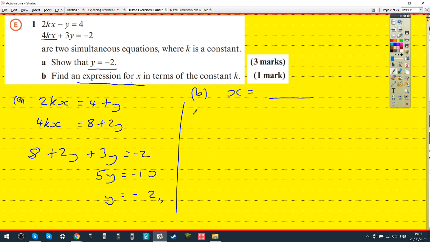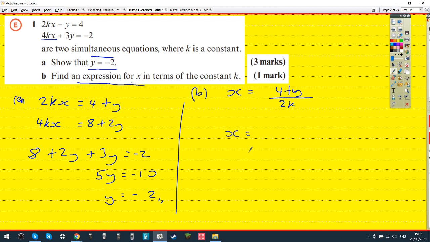Ah, okay. So would it be x equals 4 plus y over 2k? Yeah. So that's x in terms of k and y. We want x in terms of k only. So y is minus 2.